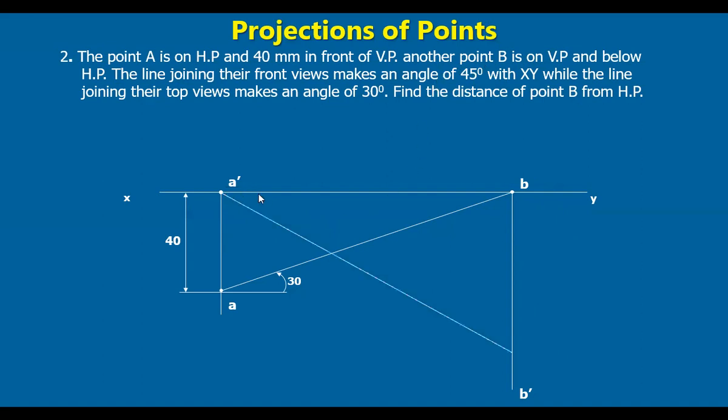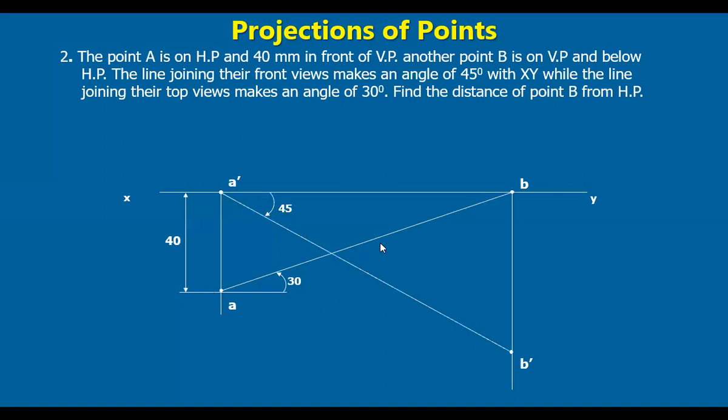So draw a line at 45 degrees angle here. The front view of B must be lying on this line and also on this projector. So the intersection of these two lines gives the point B dash, the front view of B. So mark B dash.